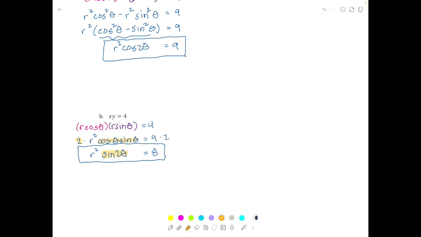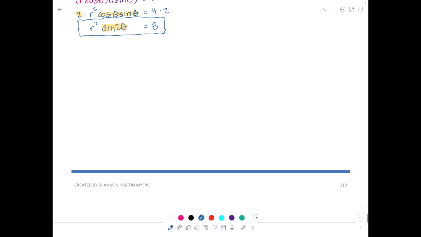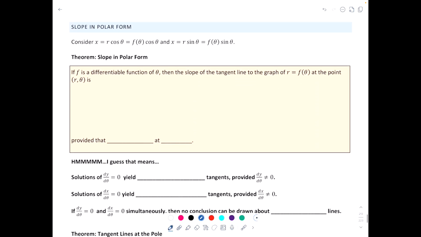Okay, so now we have slope in polar form. All right. So apologies ahead of time. There is a typo here. Y is equal to r sine theta. Let's check out dy d theta. So that's just the product rule, right?